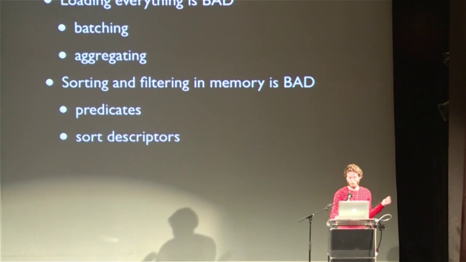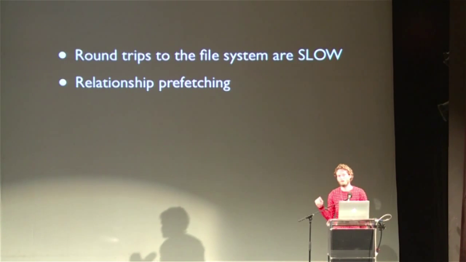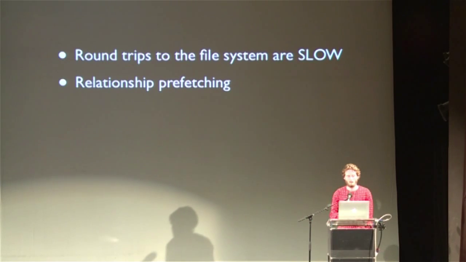This is if you load too much data. If you're not loading enough, you have to remember, even nowadays on your iPhone where the file system is flash-based, disk I/O is insanely slow. You can do millions of calculations in the time it takes for the operating system to go to disk and load something up. So you want to make sure that if you go to disk, you load the data you need and that you don't constantly have to go back.